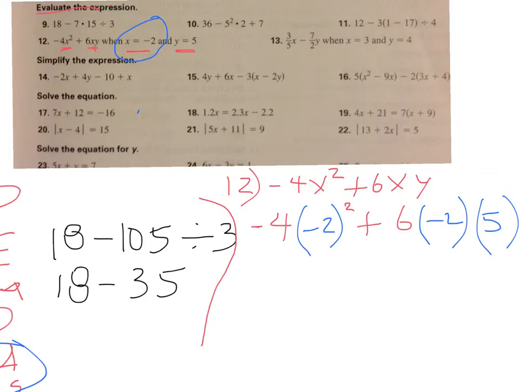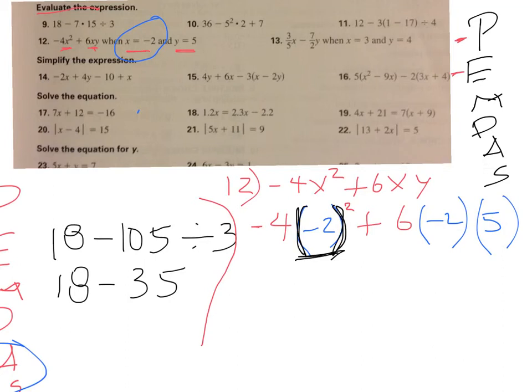Next, let's write it again. PEMDAS, you need to know that. Parentheses, I went through them. Next, exponents. I do have an exponent, right over here. Now I have parentheses and the exponent is on the outside, so it's going to be negative 2 to the second power, which is going to give me positive 4.